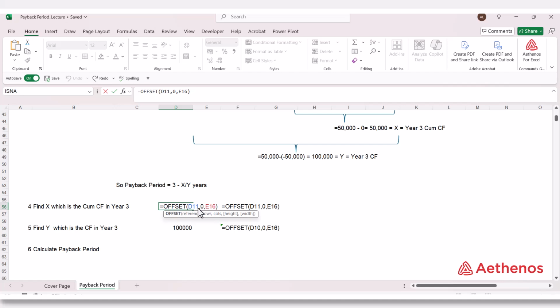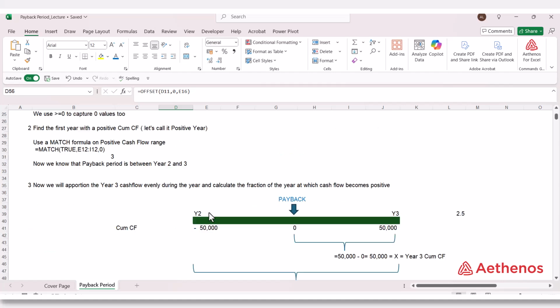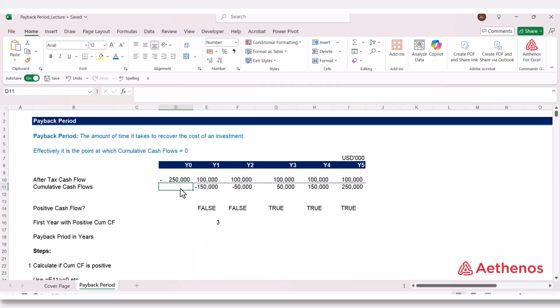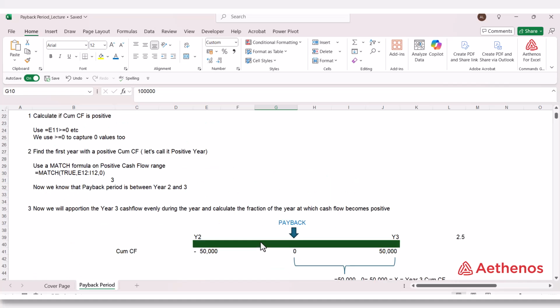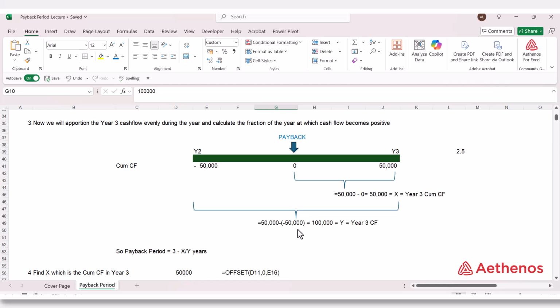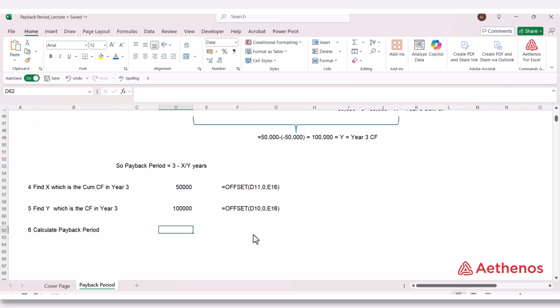So we have used the OFFSET function here to go the number of years we want, in this case 3 years, from this starting point over here, and to capture the cumulative cash flow value X, and then the after-tax cash flow value Y, that is the 100,000. So I have got these two values. Now I can calculate the payback period.